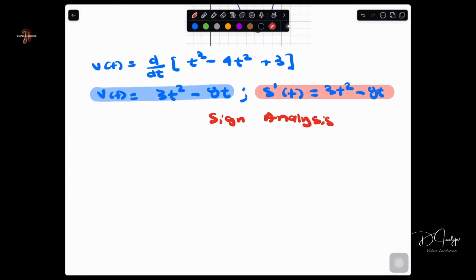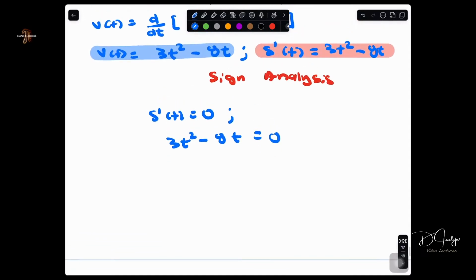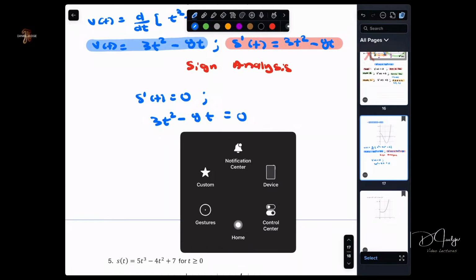Remember the first step is to set that function equal to 0. Because it's a polynomial function, it's not rational, but in either case we set it equal to 0. And now we're going to solve for t here.